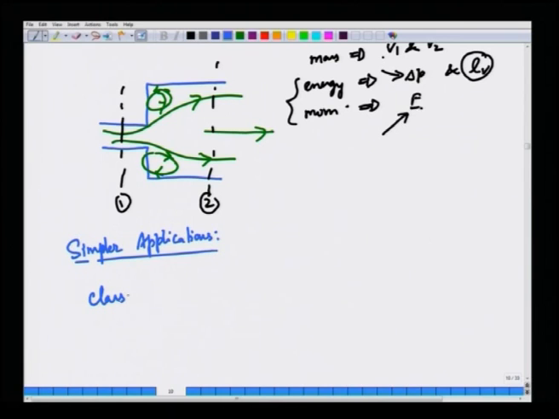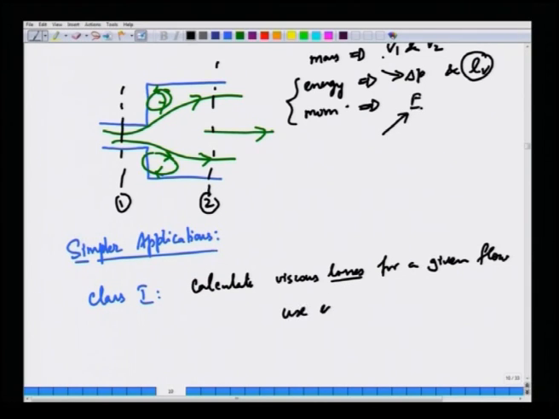Class 1 problems: we will be asked to calculate viscous losses for a given flow. Here the idea is to use the energy equation to find losses, but in order to do that you need to know the pressure drop, and you should get the pressure drop from the momentum balance.